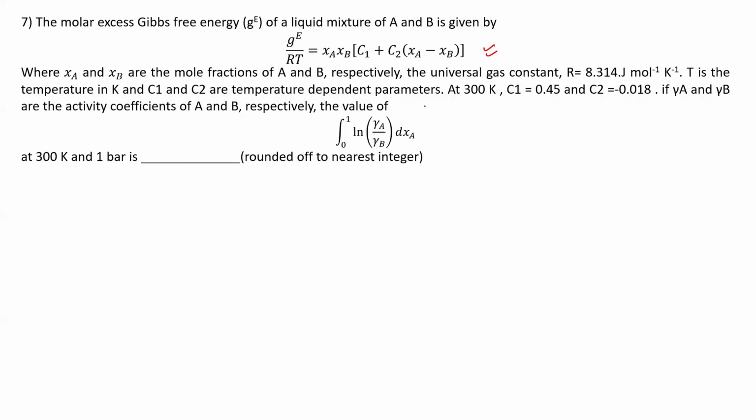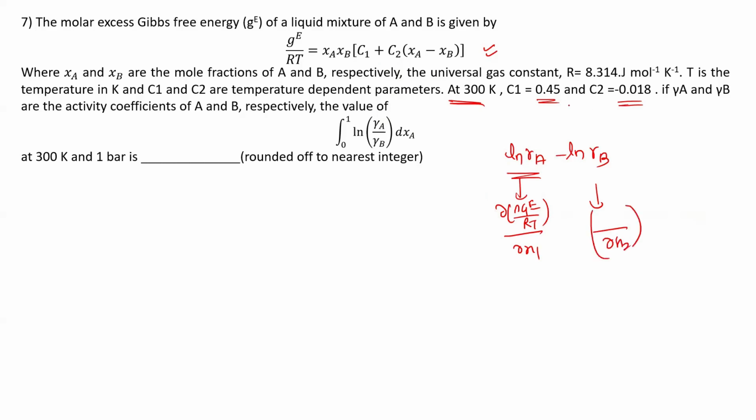C1 and C2 are temperature dependent parameters; at 300 Kelvin, C1 is 0.45 and C2 is minus 0.018. If gamma A and gamma B are the activity coefficients, find the value of this. So the instant reaction after seeing this is that people will go for ln gamma A minus ln gamma B. So I will find this by doing dou nG by RT by dou N1 and this with dou N2. But this is a very lengthy process.